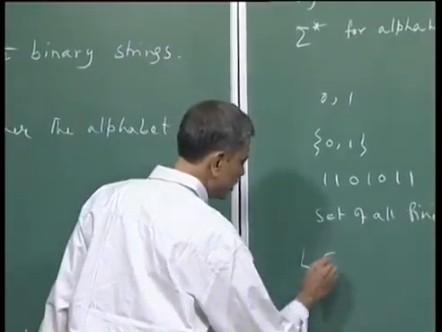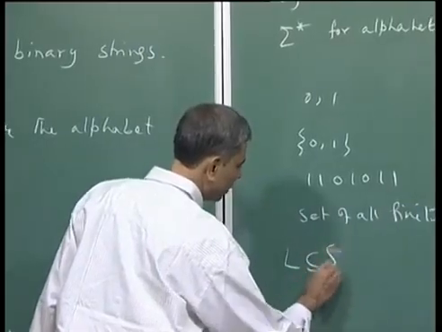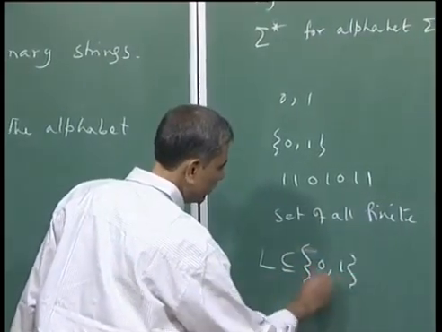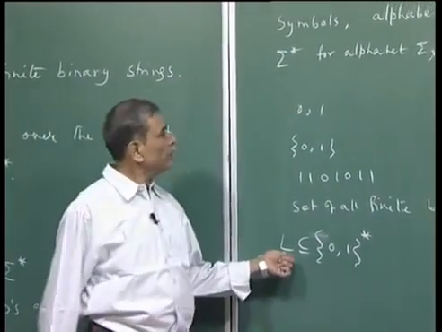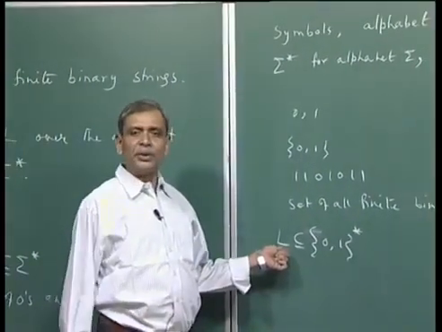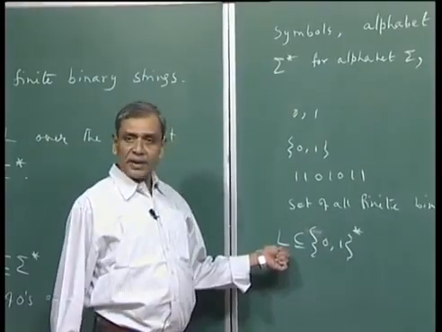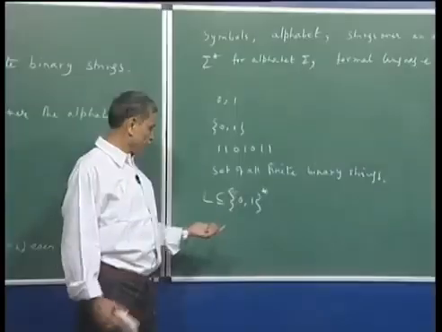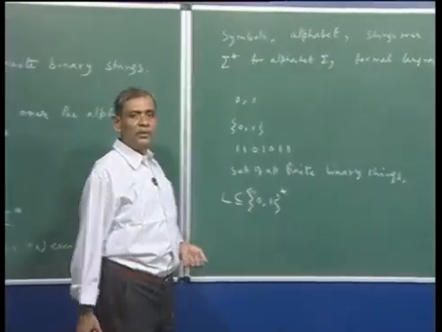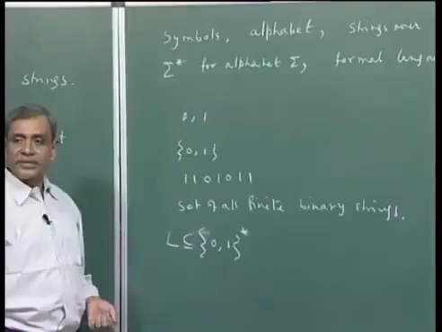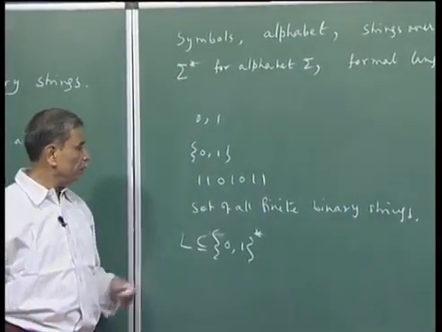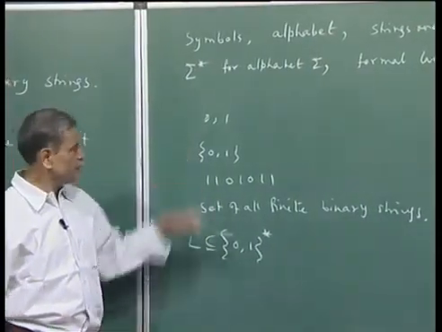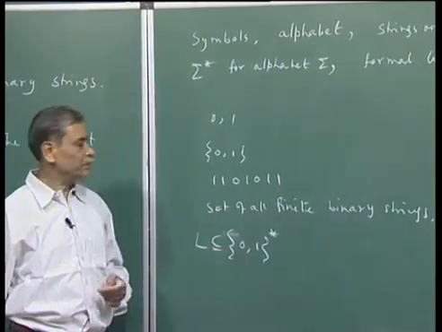L is a subset of sigma star for this particular alphabet, 0, 1. So such a formal language is also a set which has a number of finite strings in general over the alphabet that we are dealing with. In this example at least, that alphabet was the binary alphabet.